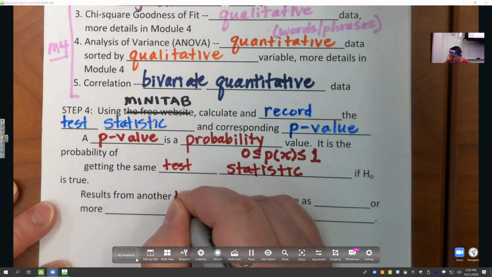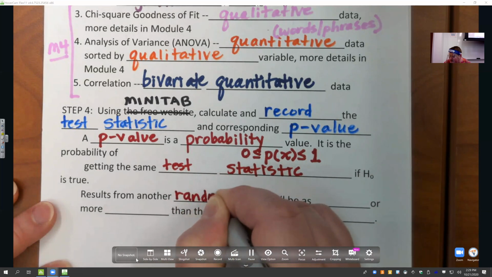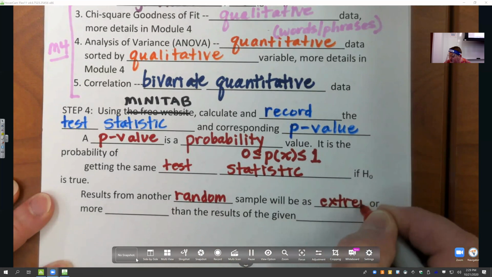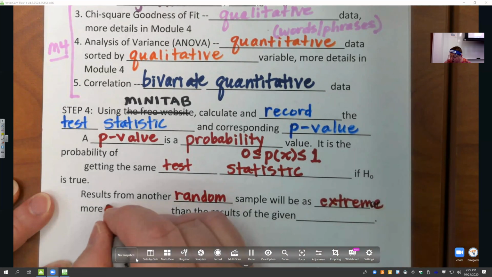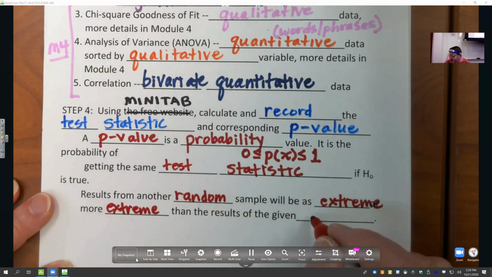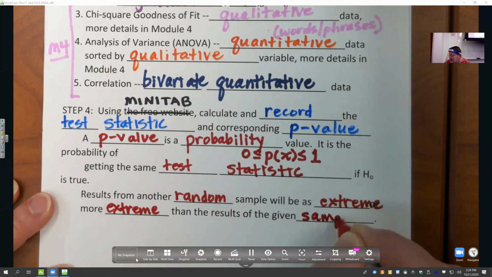Meaning, results from another random sample will be as extreme or more extreme than the results of the given sample.